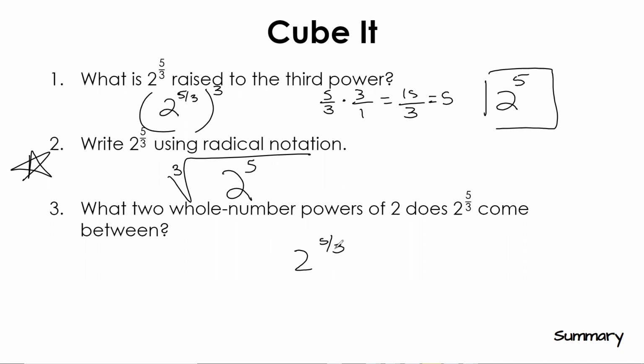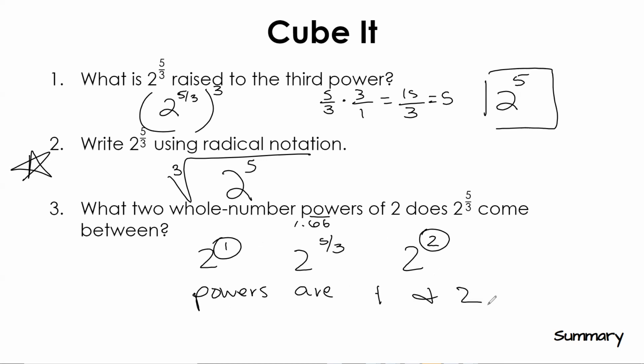So it's more than one, and it's 2/3 of another one. 1.66 repeating. So the numbers it's in between are 2 to the first power and 2 to the second power. So what two numbers is it in between? 1 and 2. That is a really weird question, I know. So the powers are 1 and 2. It's kind of like, what is the exponent in between? I don't know why they would ask this question, but they can.